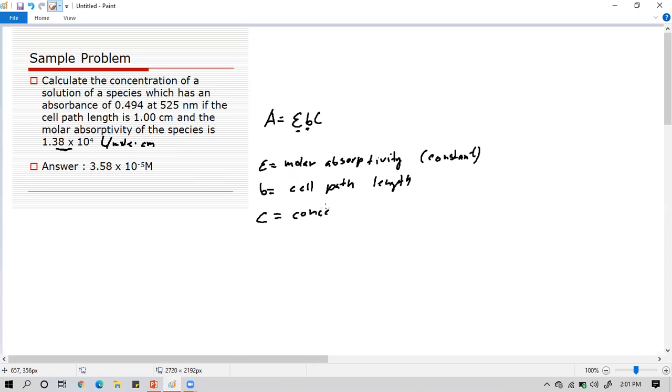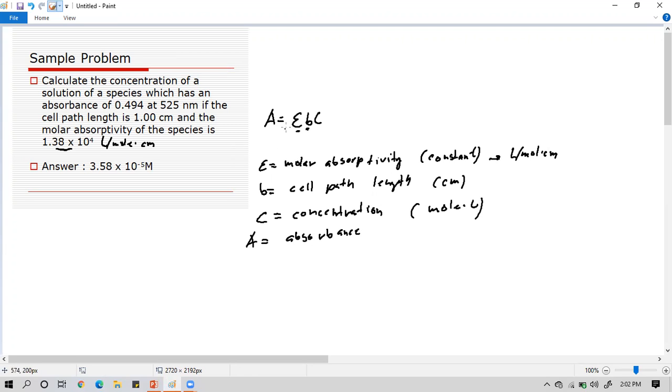The concentration depends on the molar absorptivity, because we have micrograms per milliliter, parts per million, and also molarity. But usually, when the value is not given, the units are moles per liter. This one here is centimeter, this one here is moles per liter, and then A is the absorbance, so it is unitless.